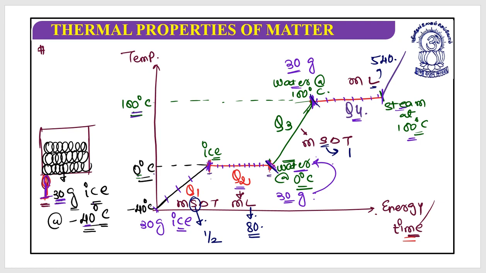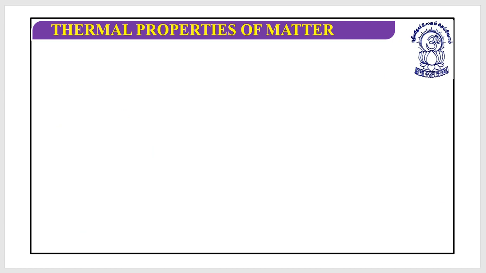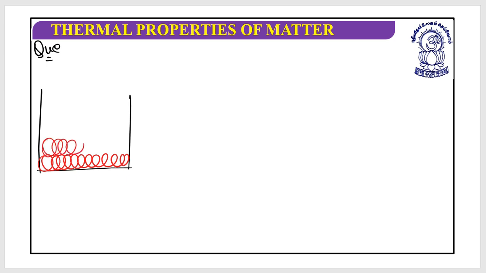Correct. So now what we are going to do is understand calorimetry from the example point of view only. Yes, it is the best approach to understand calorimetry. So let's have a look. Suppose this is the container which we call a calorimeter, and it has some ice cube in it, and it has water as well.